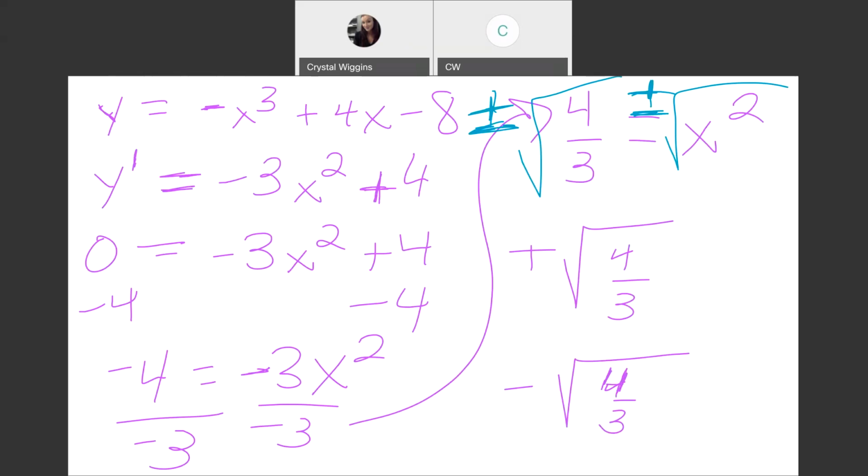Okay, and that's just some value. Now we probably should figure out what that value is because we have to plot this on a number line, and we need to have some approximate idea of where that falls on the number line in order to grab proper test points. So let's take the square root of 4/3.